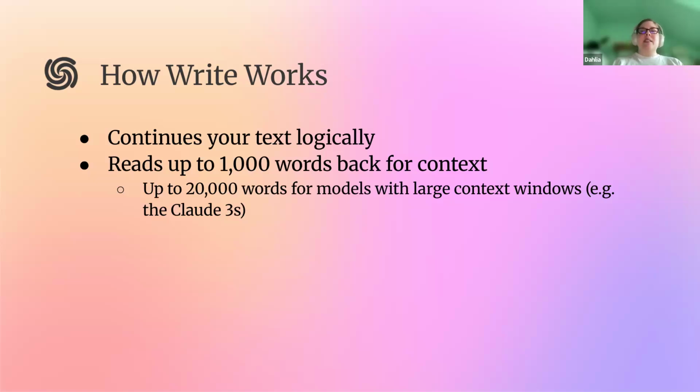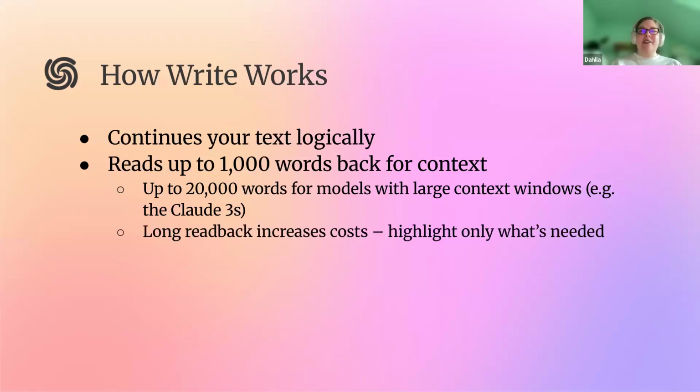This helps maintain consistency and allows the AI to adapt to your style if you edit along the way. However, since credit costs depend on how much the AI reads and writes, a long readback can be expensive. So highlighting only the necessary portions will reduce input size and save credits.